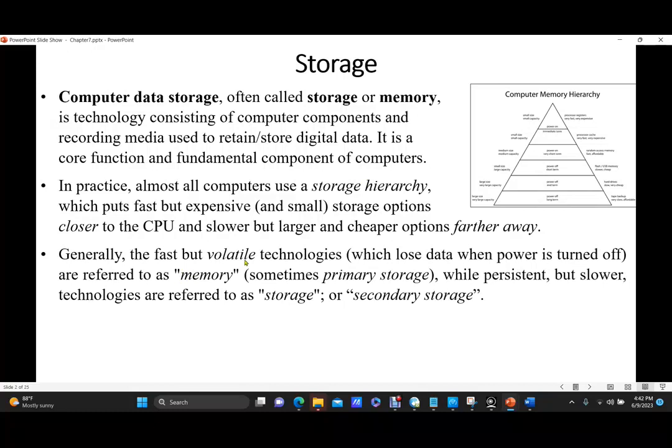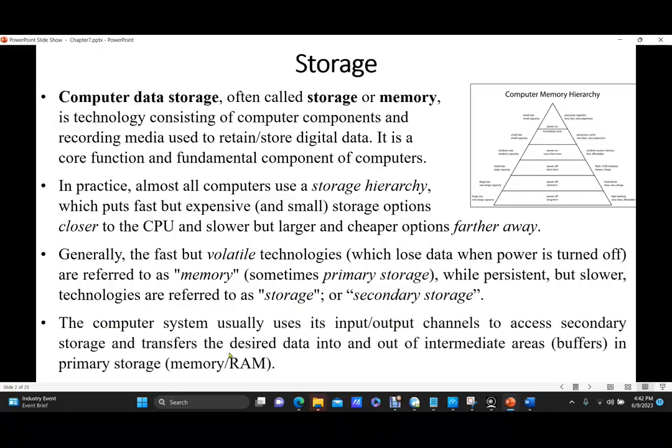Generally, the fast but volatile technologies, volatile means they lose the data when the power is turned off, are called memory or primary storage. The persistent but slower technologies are referred to as storage or secondary storage.